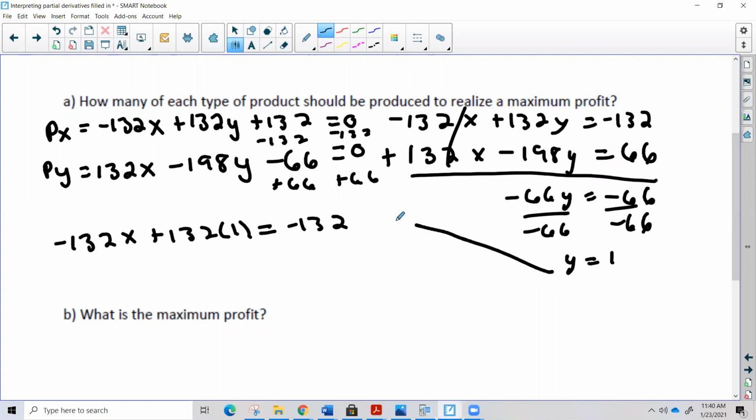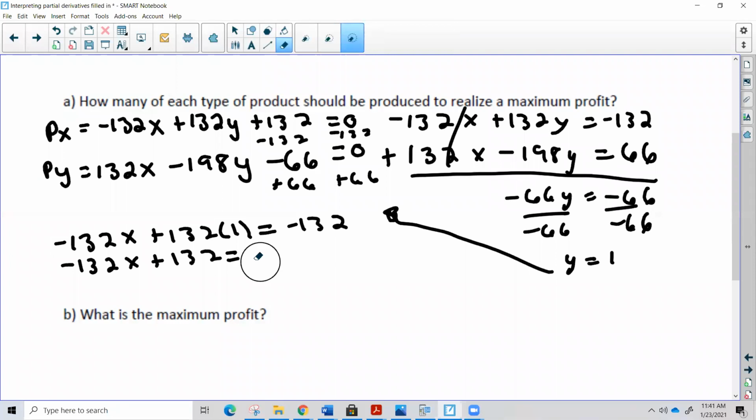So from here, I'm going over here and I'm going to solve for x. In order to solve for this, I'm going to subtract the 132 from both sides.